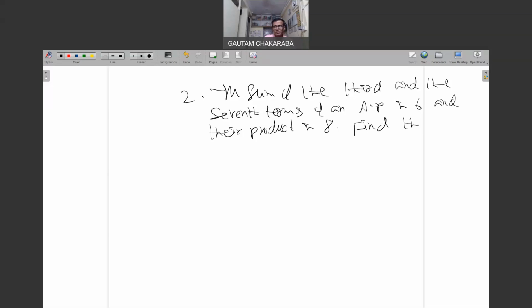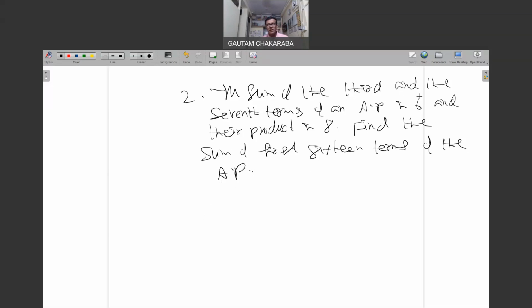Find the sum of the first 16 terms of the AP.